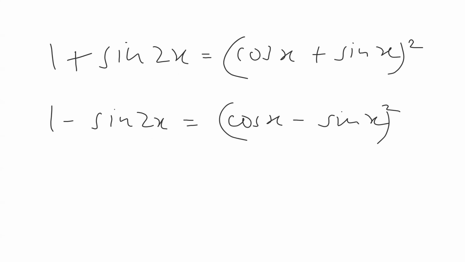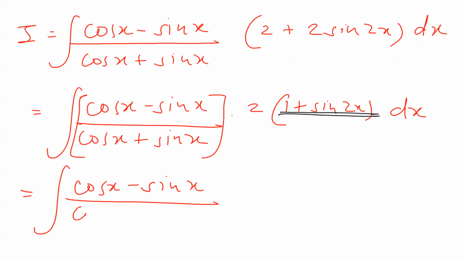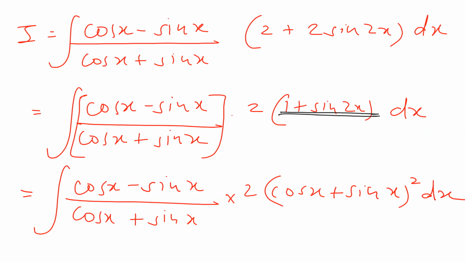In this case, we are having 1 plus sin 2x, so we'll apply the half angle formula which I've just given you: cos x plus sin x the whole square, dx.